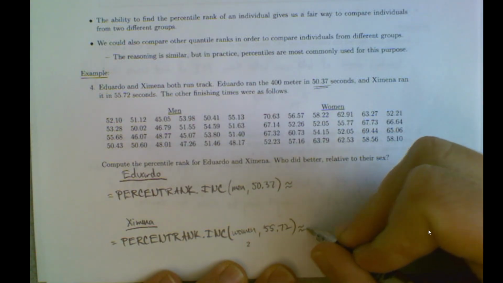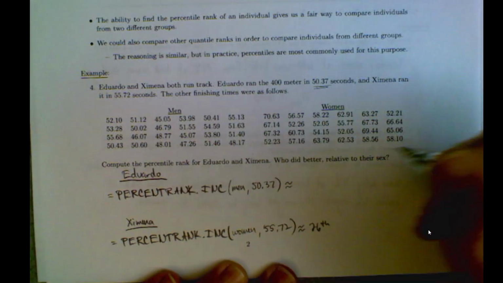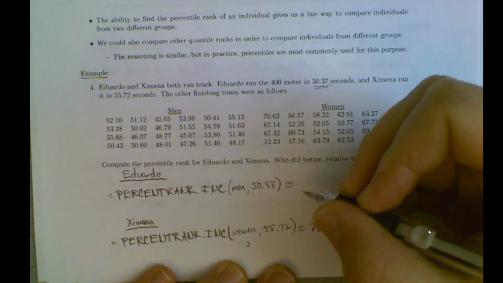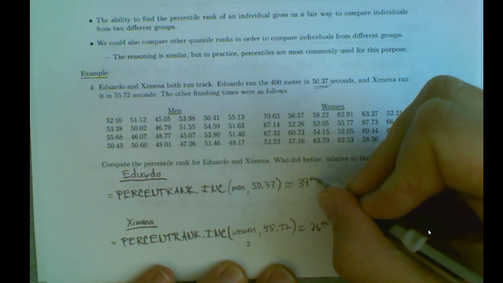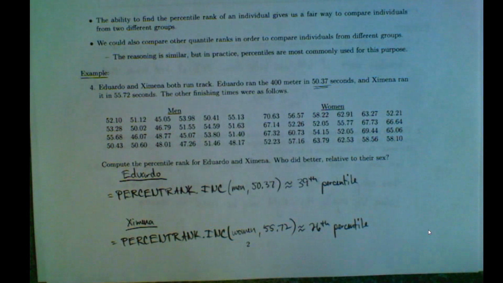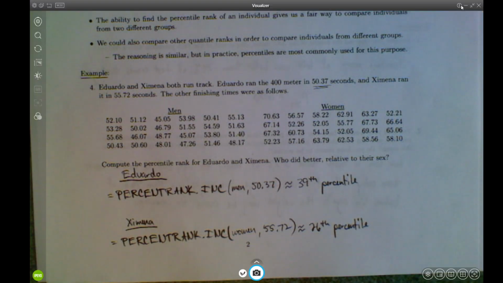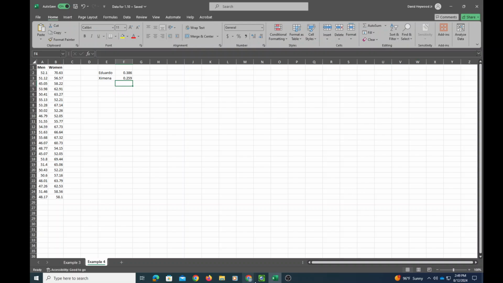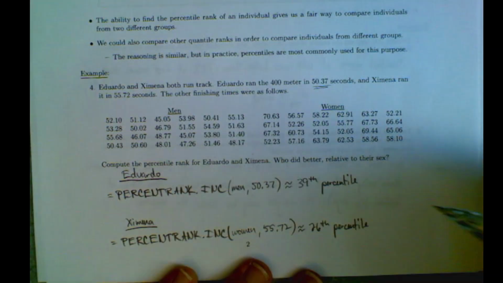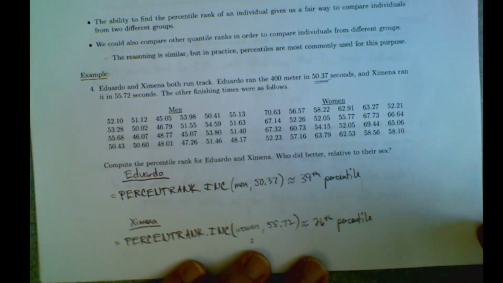So Jimena was at the 26th percentile, approximately, and Eduardo was at the 39th percentile, approximately. Did I get that right? Yes. So this means that Jimena did better relatively.